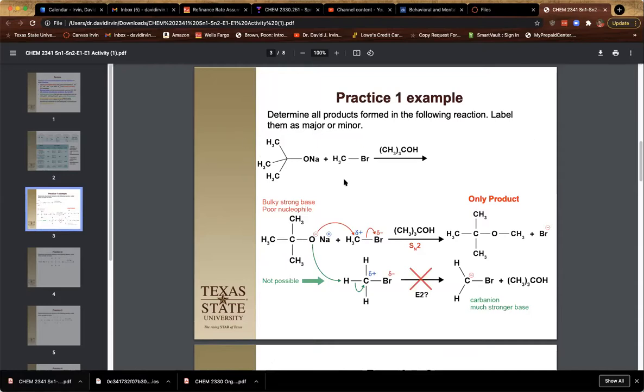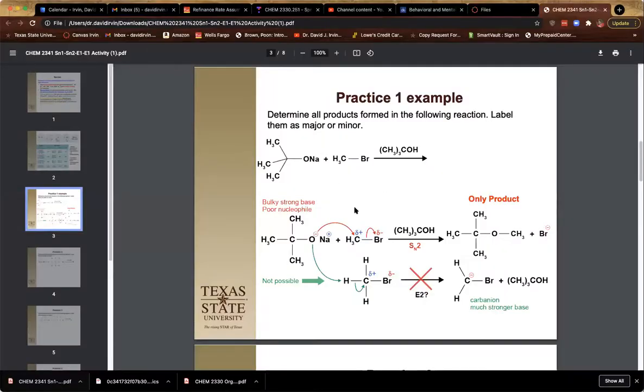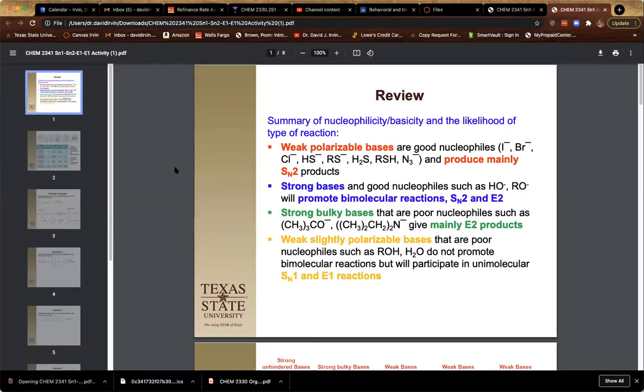Are you sharing your screen? I can't see anything. I'm sorry. I am sharing my screen. Okay, let me try again. All right, can you see the screen? No. Okay, let me. Yes, that's the same. That is it, right? With the practice 1 example. Yeah, we can see it. So it's just me.